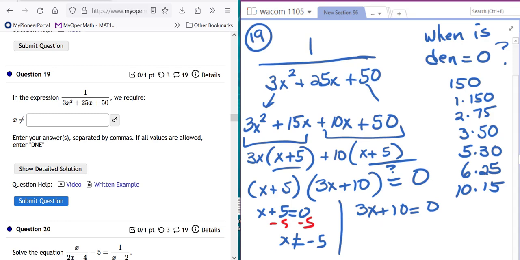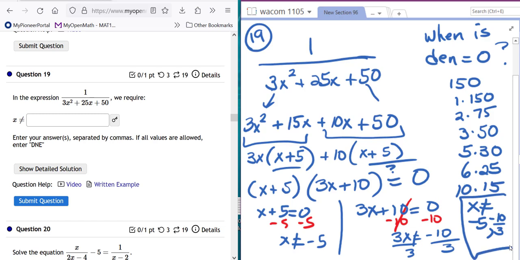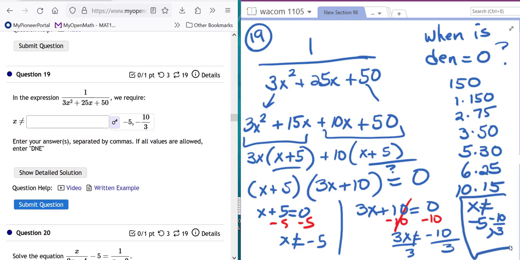This one is a 2-step, so subtract your 10, and you will divide by 3. So we don't want to get that. So the values we're going to throw away are negative 5 and negative 10/3. Good. So the factoring was the big work there.